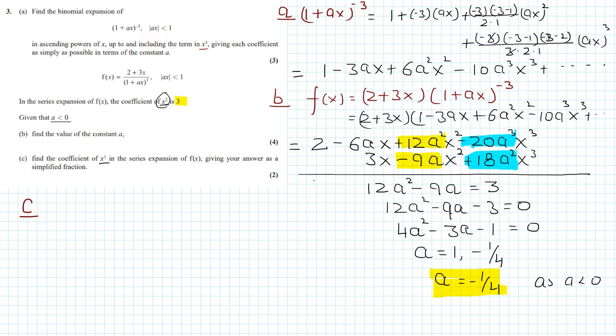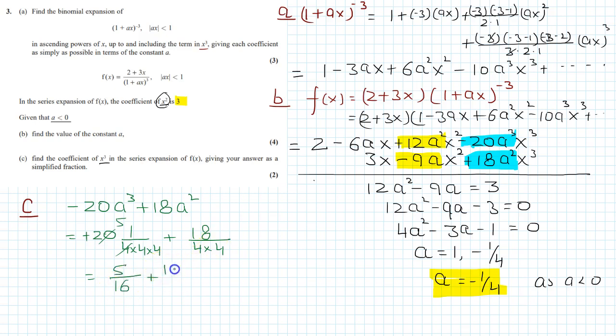So I write minus 20 a cube plus 18 a square, equal to minus 20 times (minus 1 over 4) cube, all negative so it becomes positive, plus 18 over 4 times 4. 4 times 5 is 20, so that is 5 over 16, plus 18 over 16, which is equal to 23 over 16.